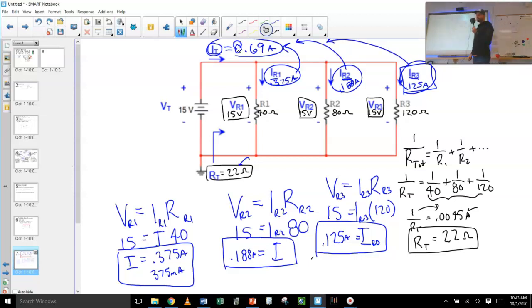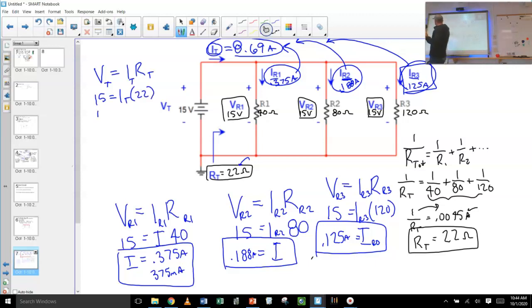Another way I could have done it is by using Ohm's law. But to find the total current, you have to use the total resistance and the total voltage. The total voltage is still 15, and the total resistance, if you remember, was 22.